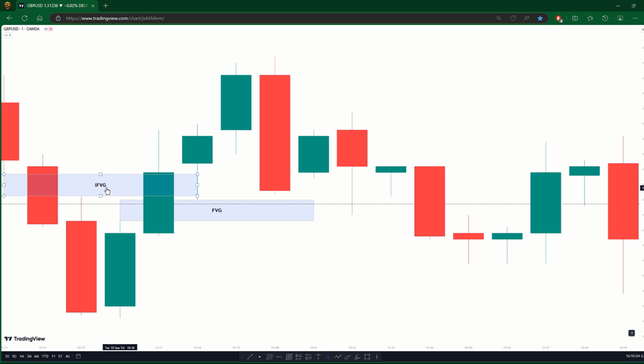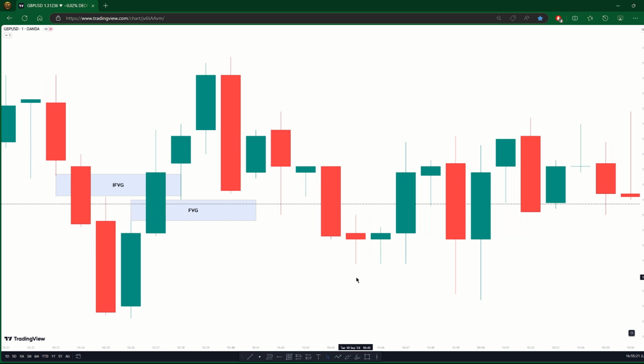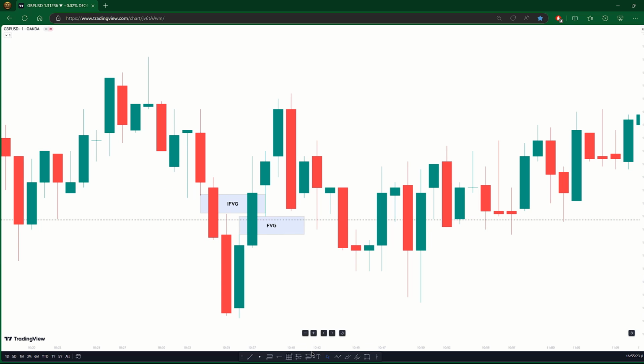What you want is for price to come back to that displacement area. That's what you need. Okay, it has to rebalance that displacement area. All right, so when it comes back with this wick right here, when it comes back like that, okay, you enter right there on that wick.